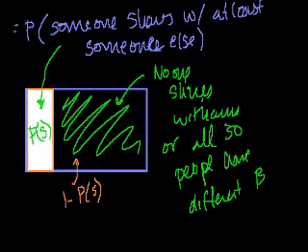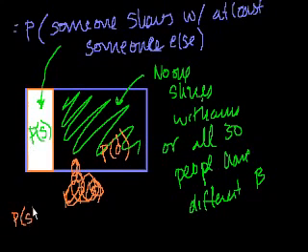Or another way we could say it, actually this is the best way to think about it. This is the probability of different birthdays. This is the probability that all 30 people have 30 different birthdays, right? No one shares with anyone. The probability that someone shares with someone else plus the probability that no one shares with anyone, they all have distinct birthdays, that's got to be equal to 1 because we're either going to be in this situation or we're going to be in that situation.